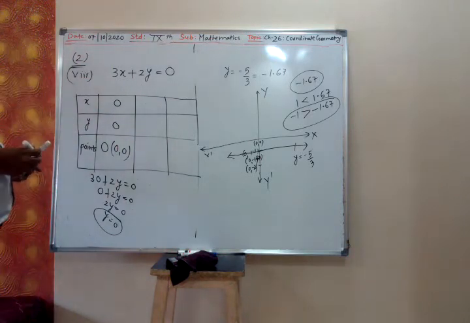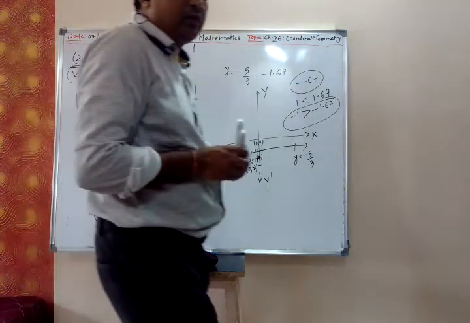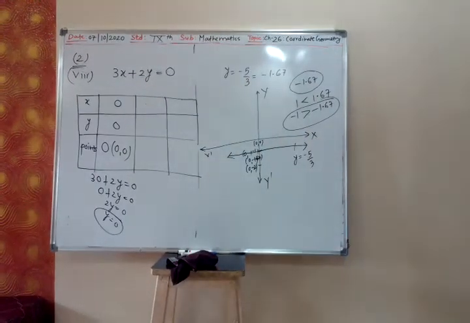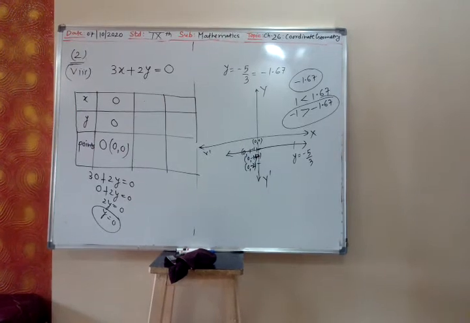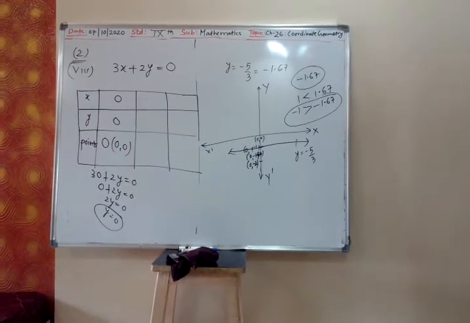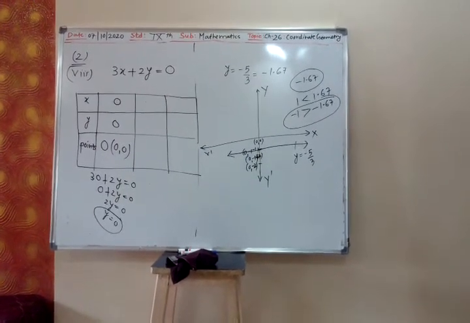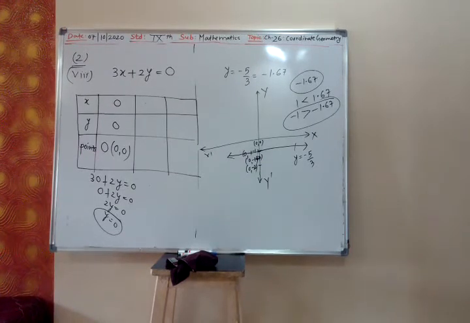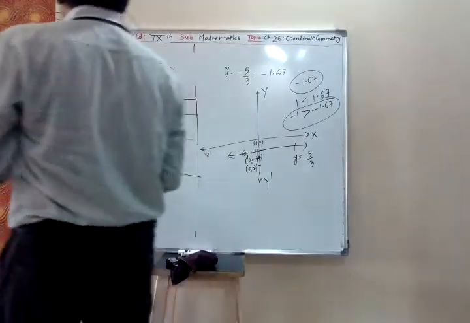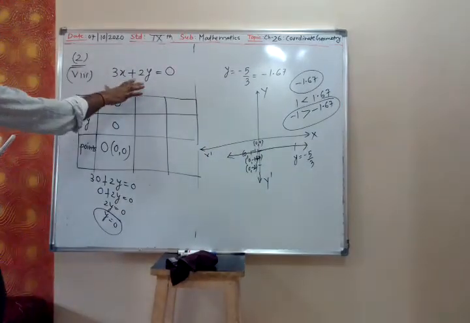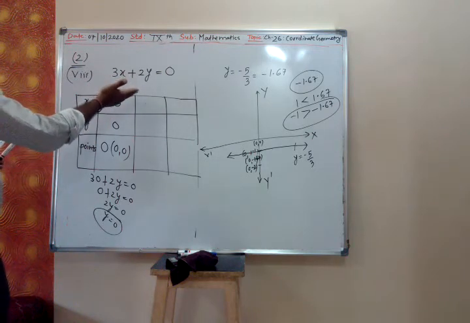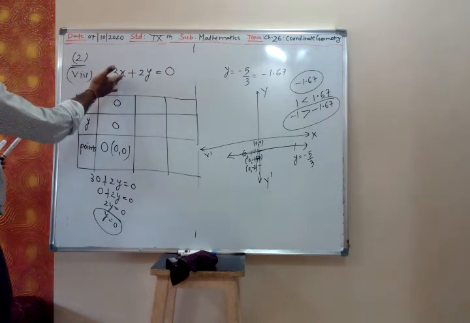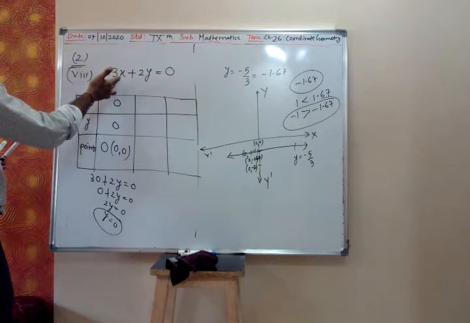You can take any value of x. 4 also, then you will get a bigger number. When you take x as 4, you will get a bigger number. See, because this is 2y, this is 3x. Any value of x you can take.